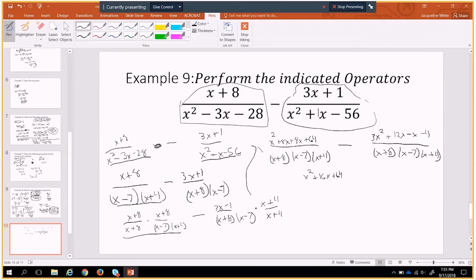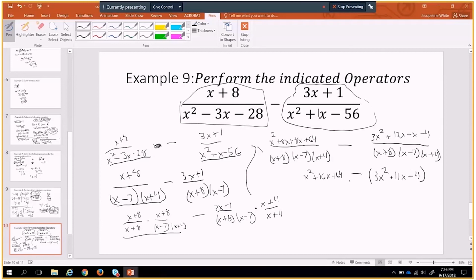Now let's just look at the numerators, since they both have the same denominators. That minus is going to come through and distribute inside, so we put parentheses: 3x squared, 12x minus x, that's a plus 11x, minus 4.